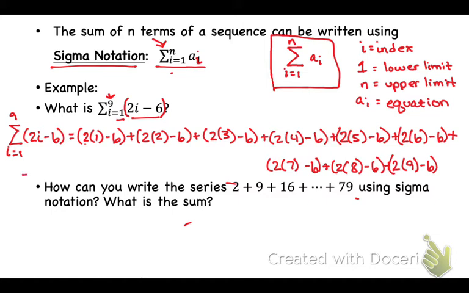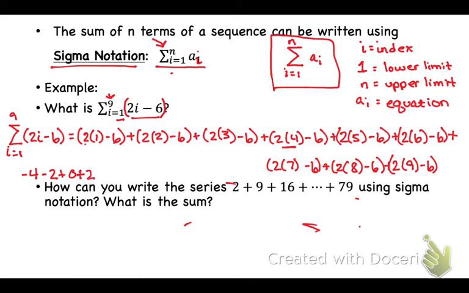Okay, so 2 times 1 is 2 minus 6 is what? Negative 4? Yeah. Okay. 2 times 2 is 4 minus 6 is negative 2. 2 times 3 is 6 minus 6, 0. 2 times 4 is 8 minus 6. So it's a positive 2, so I add now.